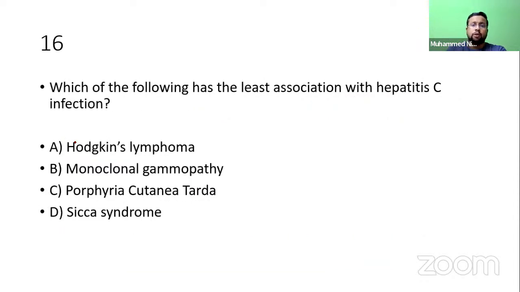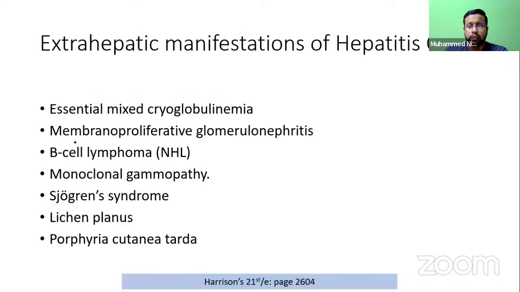Next question: which of the following has the least association with hepatitis C infection? The options given are Hodgkin's lymphoma, monoclonal gammopathy, porphyria cutanea tarda, and Sjogren's syndrome. Again, this seems to be a question directly from Harrison. Extrahepatic manifestations of hepatitis C include essential mixed cryoglobulinemia, which can cause vasculitis, membranoproliferative glomerulonephritis, and B-cell lymphoma.